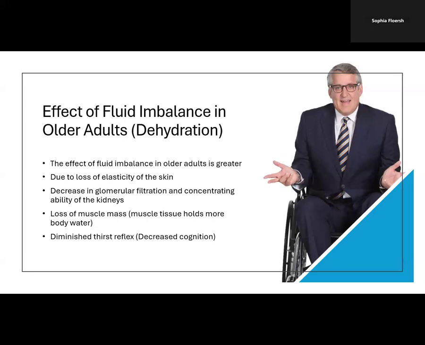Because if their cognition is impaired, then I'm concerned, you're going to be at a higher risk for having dehydration. So when you're looking at who's at the most risk, you look first at the age. You have to look at who's over 65, because that puts them at a higher risk already. So you get one little tab for risk factor.